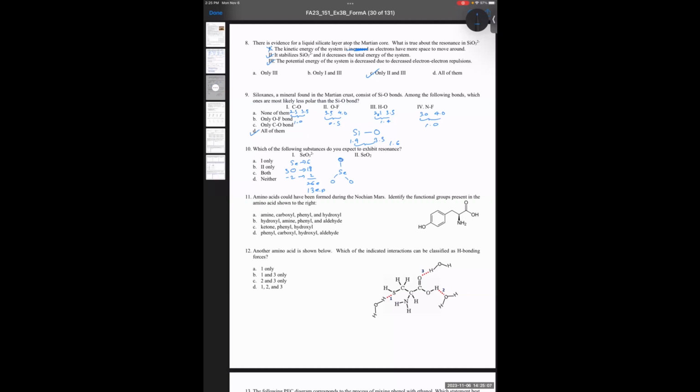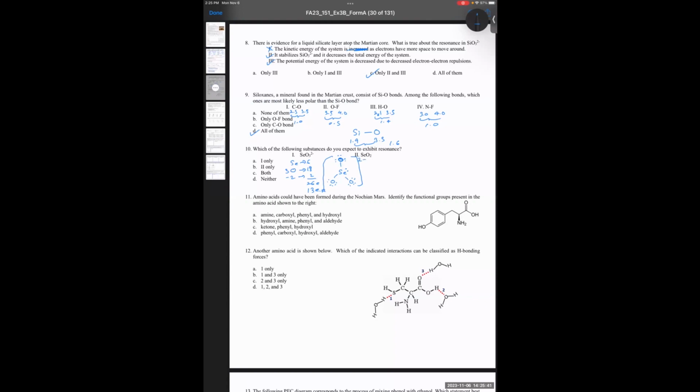So I have already used 3 in the bonds. 1, 2, 3 is 4, 5, 6, 7, 8, 9, 10, 11, 12, and the 13th one should go on top of selenium. Okay, so that's it. And then this should be the Lewis structure of SeO3 2 minus ion.